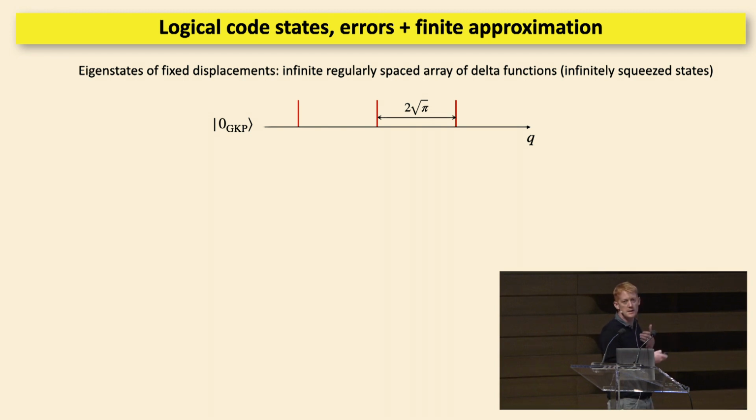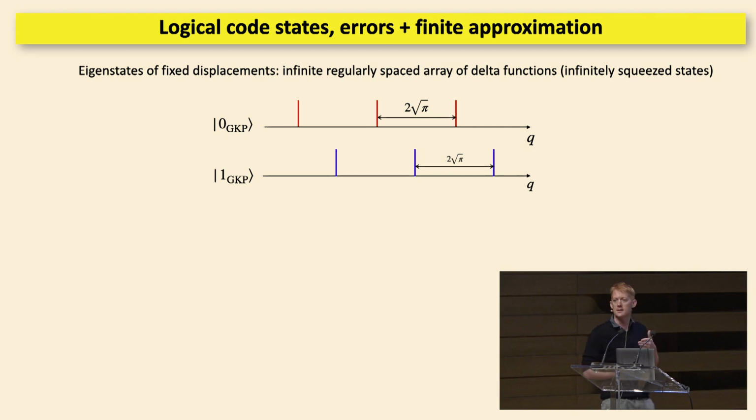This is the distance of the stabilizer, which is basically how often these code states have to repeat, and it's a set of delta functions here. The 1 state has to be distinct, and it's separated by exactly half that distance, and that's the logical operator. The logical X operator takes you half the translation distance. And in this theory proposal, this is a translationally invariant system under these discrete displacements.